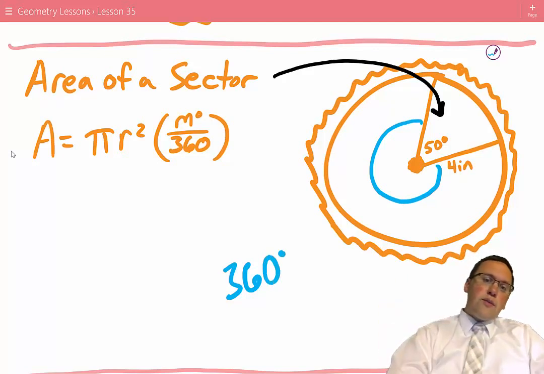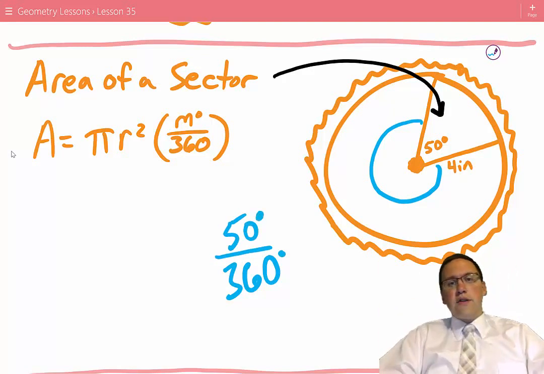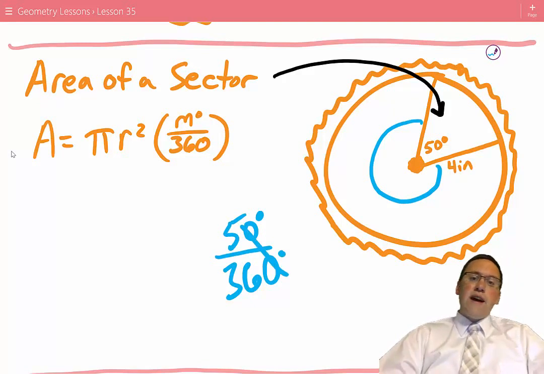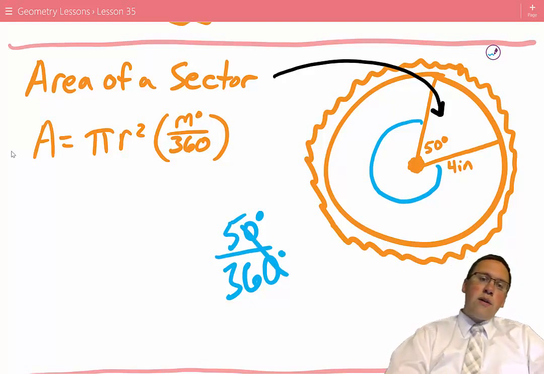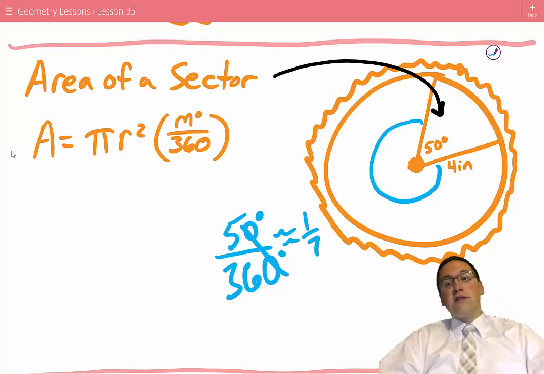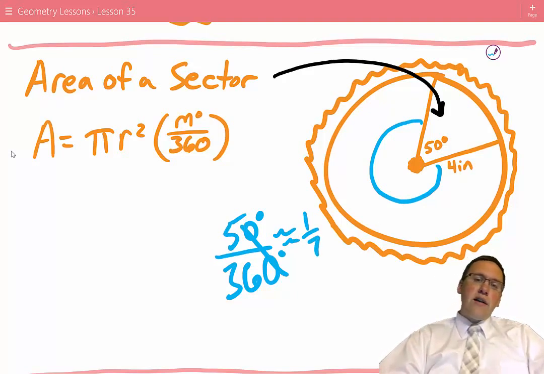So if you got 50 degrees of that 360 degrees, you got 5/36 of the pie, or approximately, that's pretty close to 1/7 of the pie.